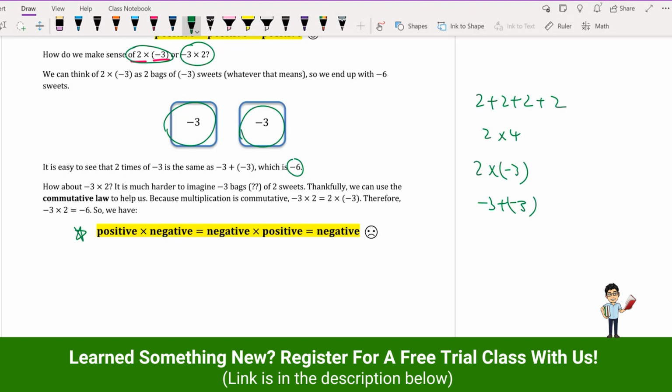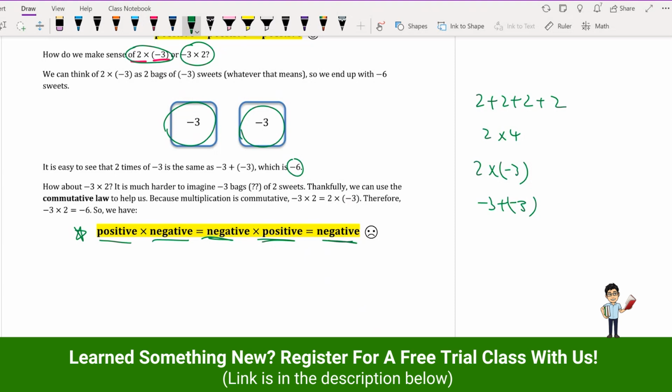Positive times positive is positive; positive times negative is negative; negative times positive is also negative. If you understand, that is really awesome.